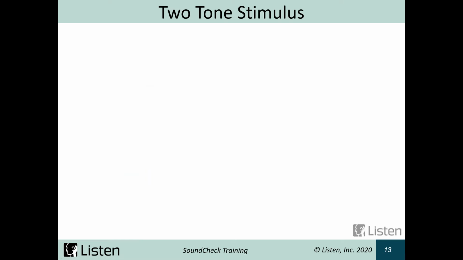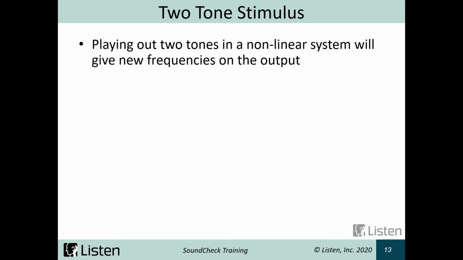Instead of just putting in one signal at a time, we could use a two-tone stimulus. For this, we're putting two tones into a nonlinear system, and on the output, we're not just getting those two tones, and we're not just getting harmonics of those. We're getting completely new frequencies.